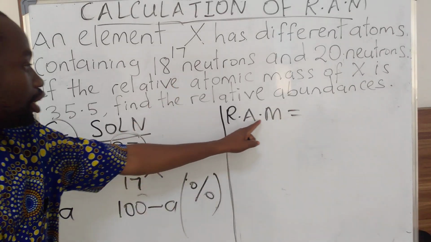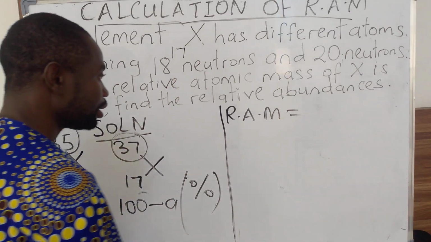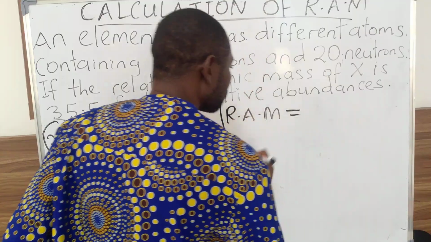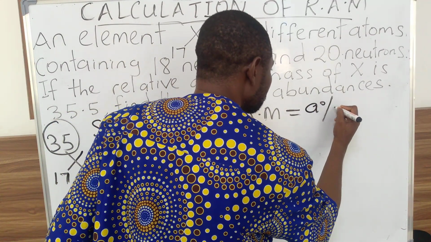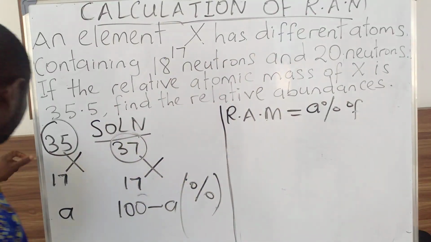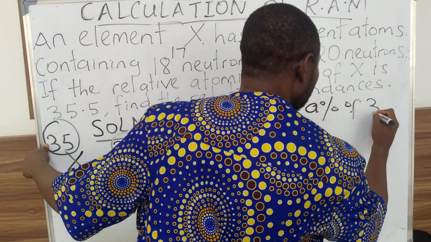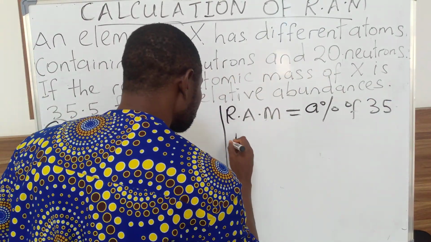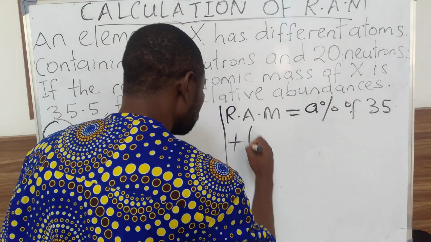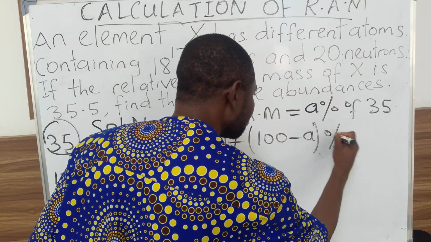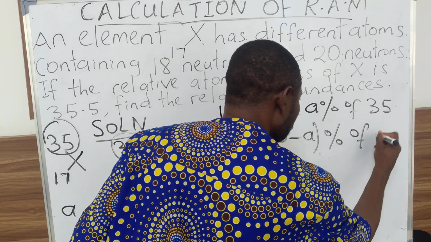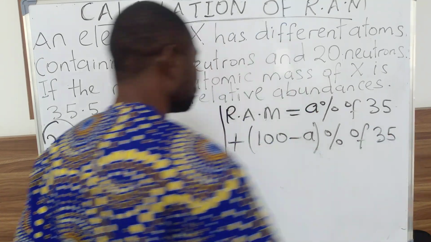So the relative atomic mass is going to be A percent of 35 plus 100 minus A percent of 37.